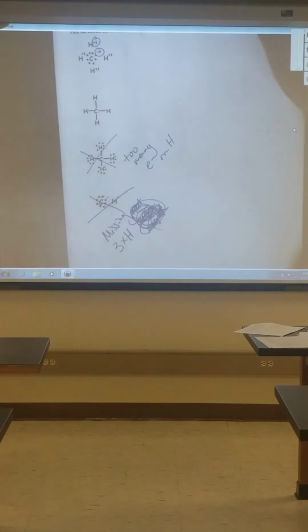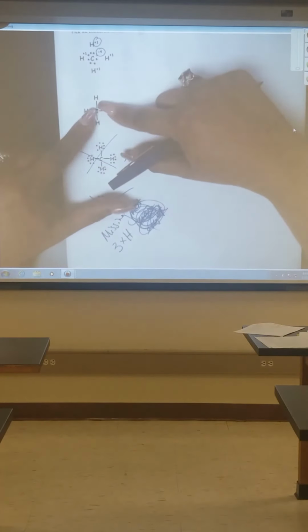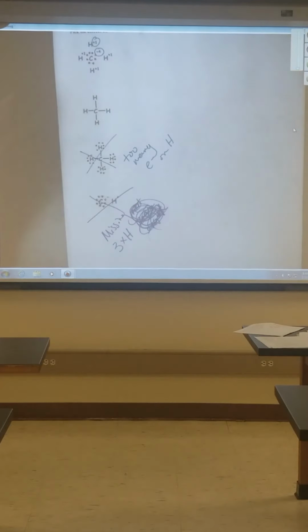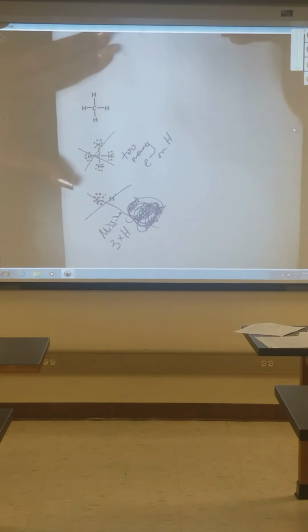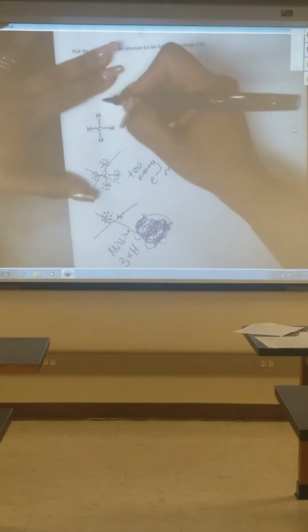Now, what does accepting and donating mean? What type of bond? Ionic, right? And we know that lines mean sharing. So knowing that, now that you've heard me verbally say it, hopefully you're thinking it can't be that one. But let's double check real quick.